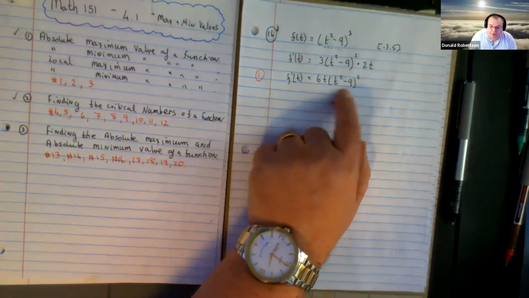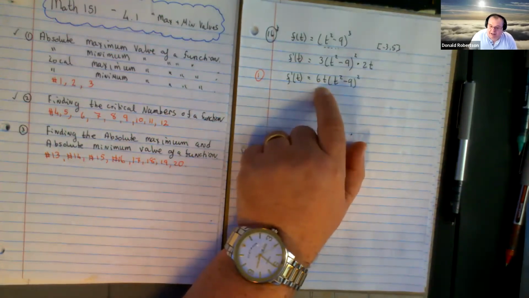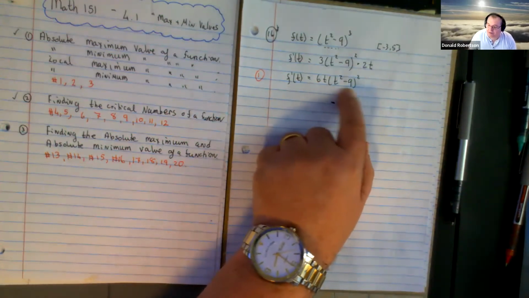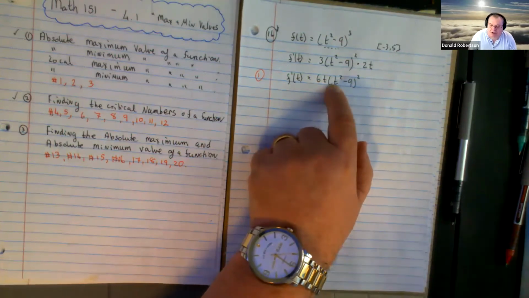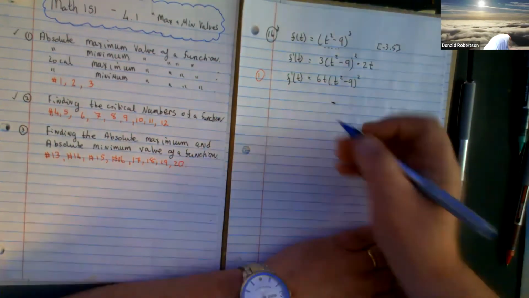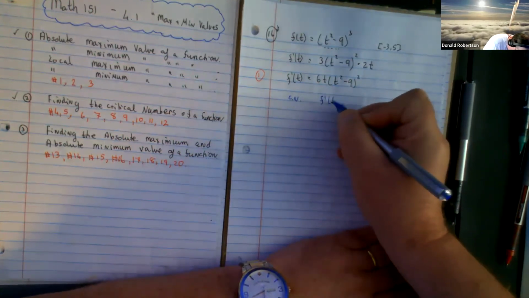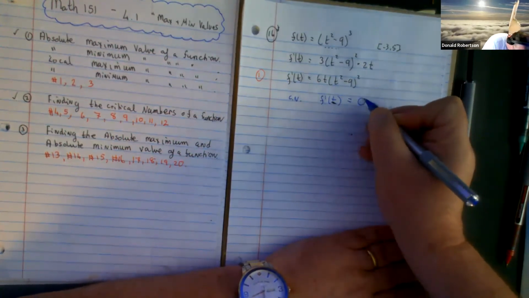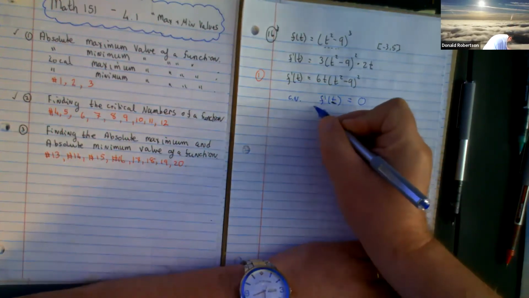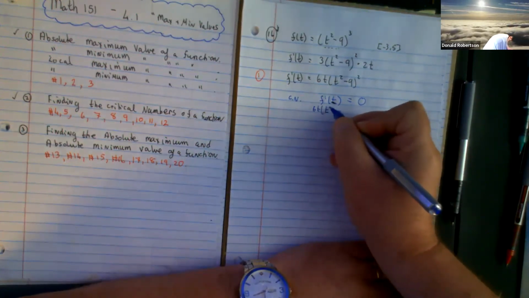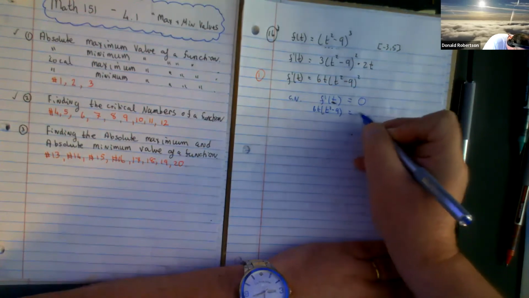Would you agree this function doesn't have any derivatives that are undefined? Anything can get used, but it does have places where the derivative is 0. So in this case, 6t times (t squared minus 9) squared equals 0.